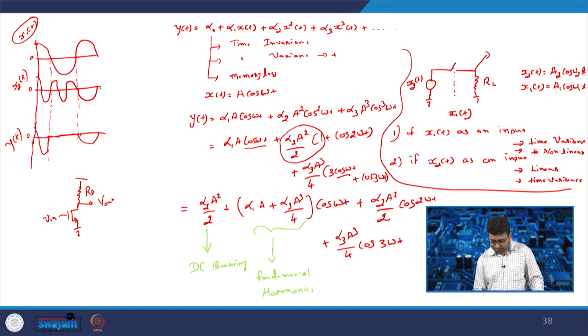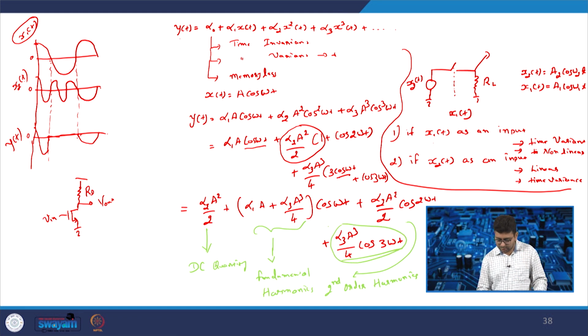So, this is the fundamental, this is a second order term, and then this is a third order term. So, there is a first order term that is the fundamental harmonic, second order term that is alpha 2 a square by 2 cos 2 omega t because it is the second harmonic, then this is the third order harmonic.